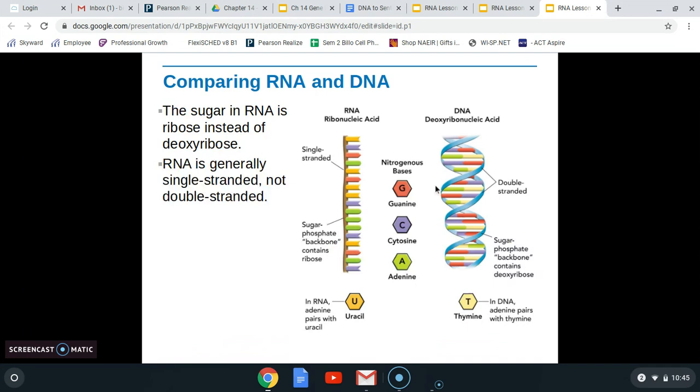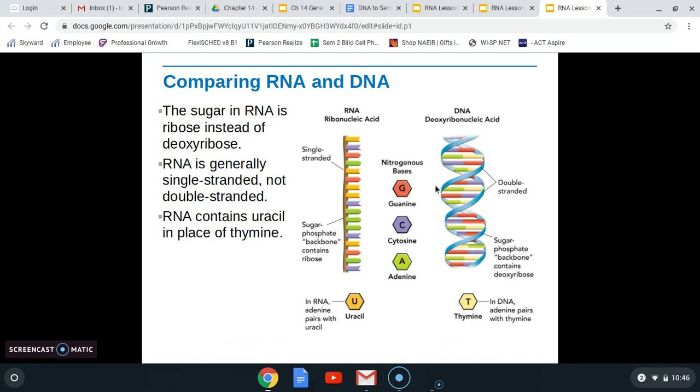The second one is that RNA is single-stranded. DNA is double-stranded. That makes it easier to work with. Now, the reason that it's single-stranded is it's going to be read right away, and it's going to carry that message very quickly. But in order to make it single-stranded, we've got to make one more change.